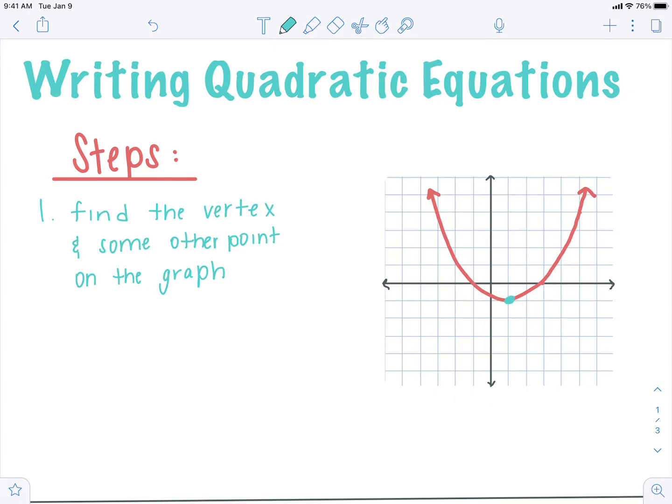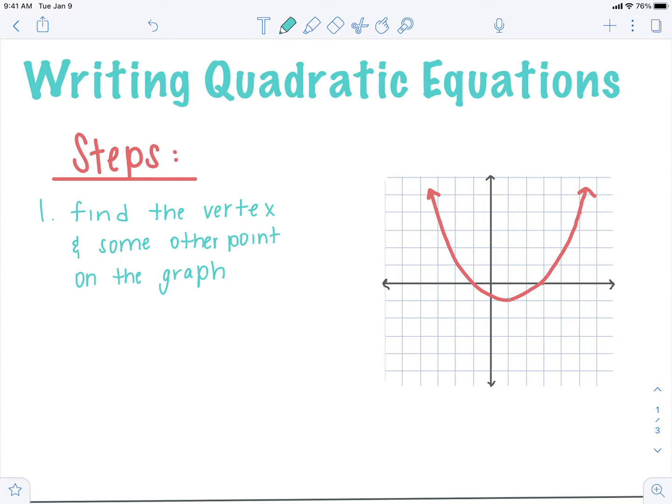And then when I'm picking another point, I always want to use something that's right on an intersection or has pretty numbers, because if I were to pick a point on the graph that isn't on an intersection, then I have to estimate where it's at, and I'm probably not going to estimate it accurately enough to get a correct answer.